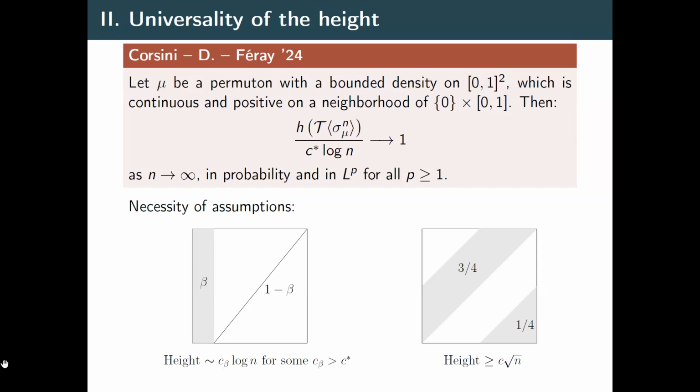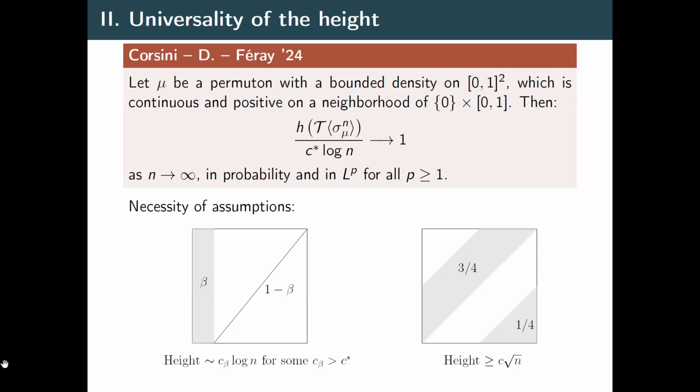So it's actually a general fact that if you have only the second assumption about the density on the left, then the height will be logarithmic, but you might not have the right constant, as is the case here.